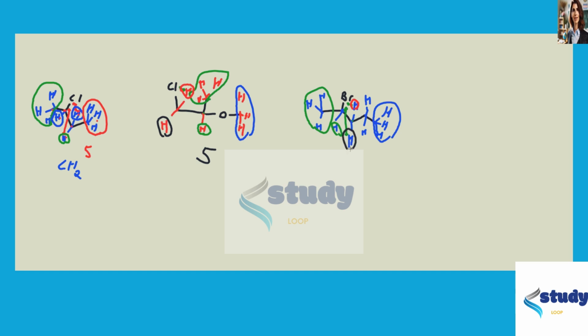But now what about the second CH2 here? This CH2 is 2 carbons away from our bromine, while the CH2 we just finished was only 1 carbon away from this bromine. So clearly the CH2 that we're investigating now is going to be in a different environment than those 2 protons we just finished analyzing.